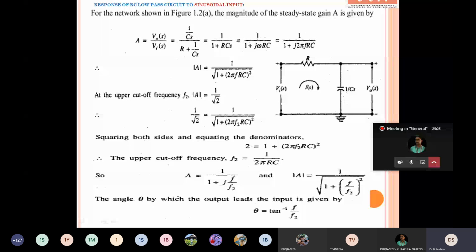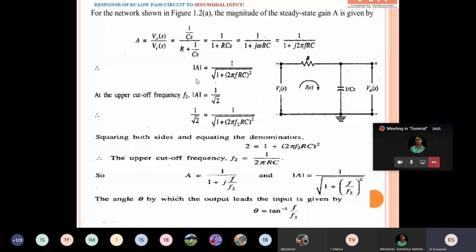Polar form means x plus iy can be written as small r times e power j theta, where small r is the square root of x squared plus y squared, that is, the real part squared plus the imaginary part squared. Now the voltage gain is 1 by the square root of the real part, 1 squared, plus the imaginary part, the constant multiplying j, which is 2 pi fRC, whole squared. Here i or j are both the same, the imaginary part.